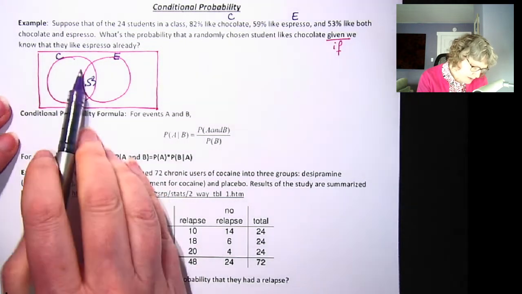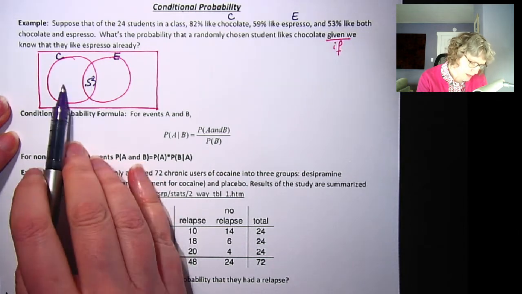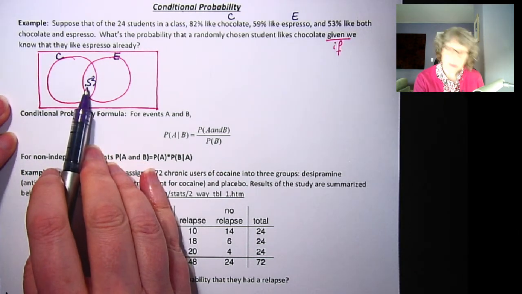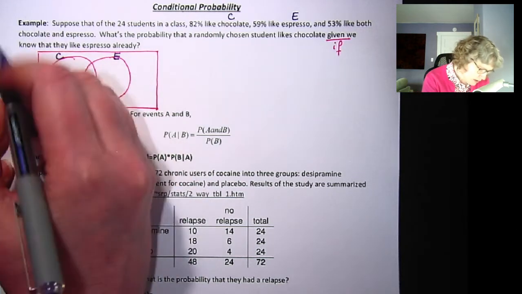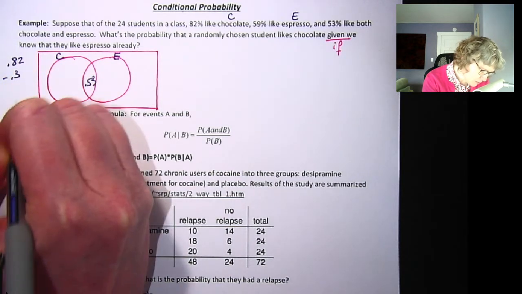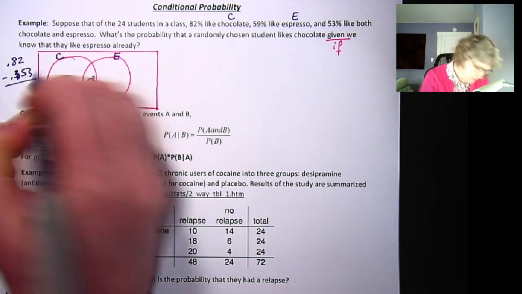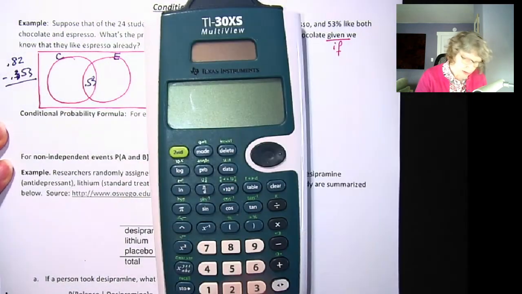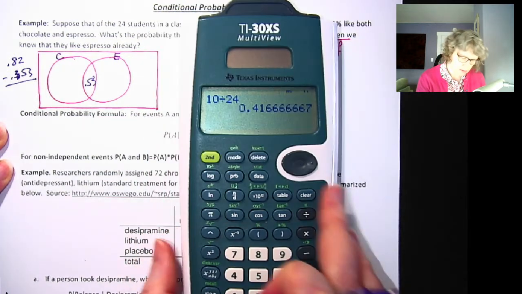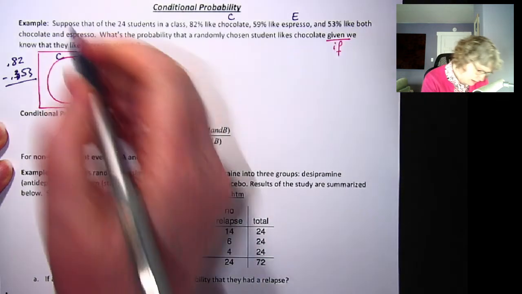Now to find this region here, it's the people who like chocolate but they don't like espresso, because we're already counting the 53% here. So we need to subtract. We're going to take 0.82 minus 0.53. Let's see what that is. 0.82 minus 0.53 is 0.29.